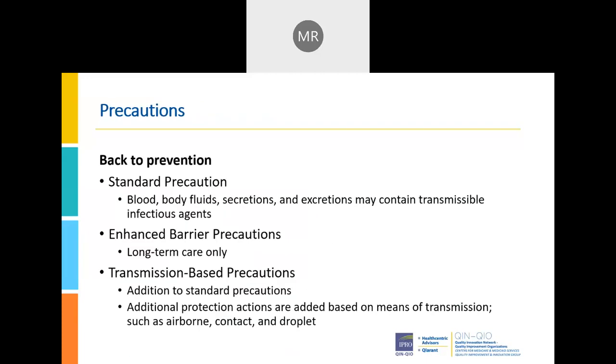So I'm going to go back to prevention a little bit and talk about the precautions. It's a good time now, like we talked about, to consider standard precautions. Staff need to be very aware that standard precautions is a base.